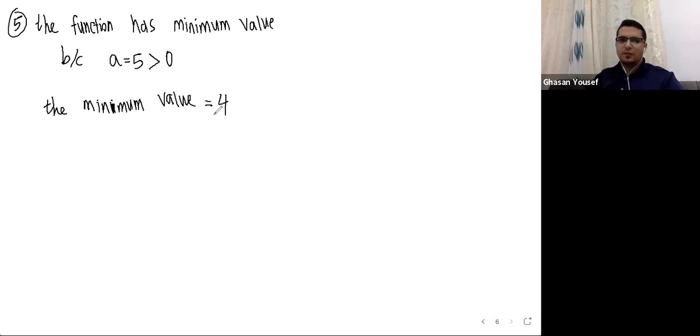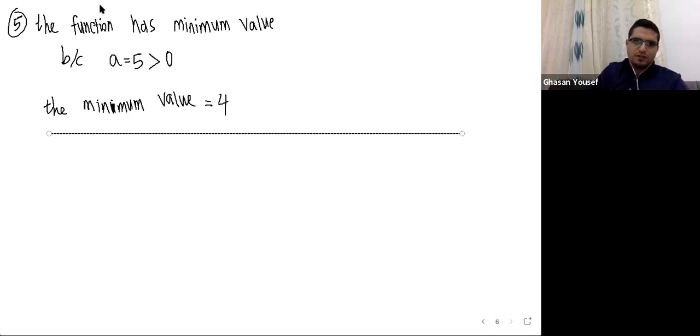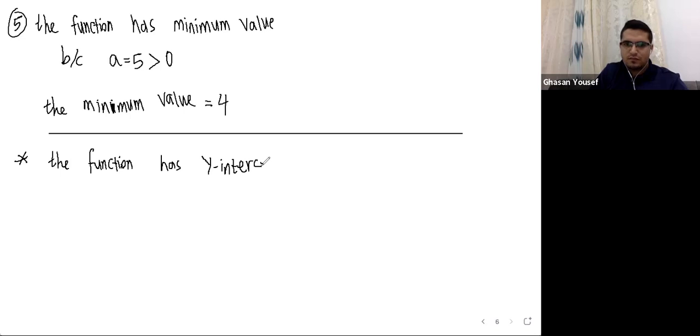So we have another way to find the maximum and the minimum value. By the way, let me write the x and the y intercept, maybe some students need it. So the function has a y-intercept. To find the y-intercept, set x equals 0.